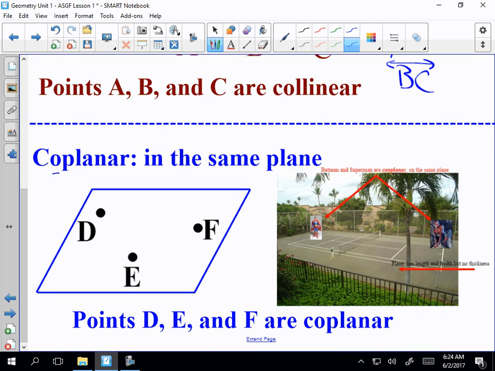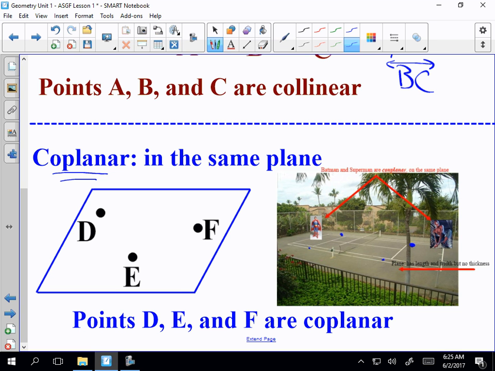Now our next term is coplanar. Those are 3 or more points that lie in the same plane. So they're lying on the same surface, thinking about it like a tabletop. We look at our image over here on the side. Any player in a game of tennis is coplanar. They are lying on the same plane; they're playing on the same surface.